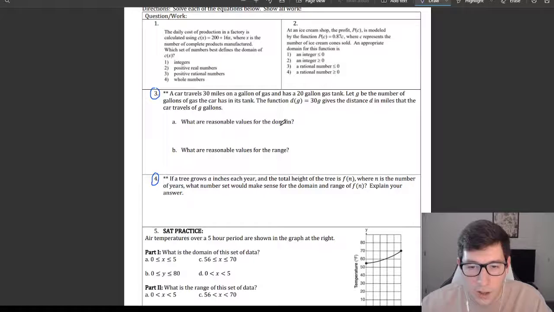So right away, I am going to say, hey, for our domain, I know exactly what we work with. Our domain is our input. And if we look over here, as we talked about, this lovely variable is our input. And so our domain is going to be looking at G gallons of gas.